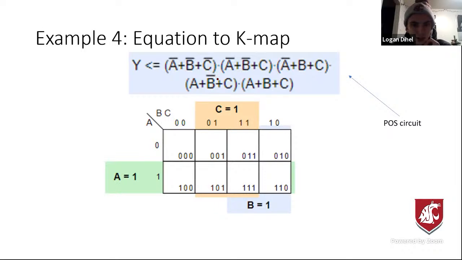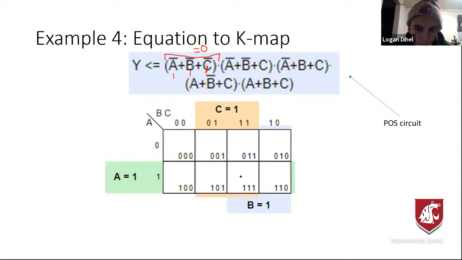Then this one, the POS, is very similar. What we're doing instead is looking at what terms give us a 0. This expression equals 0 when A is a 1, B is a 1, and C is a 1, because not A is 0, or not B is a 0, or not C is also a 0. So it's like the SOP method I just did, but you flip it.